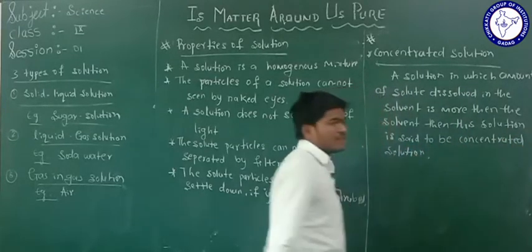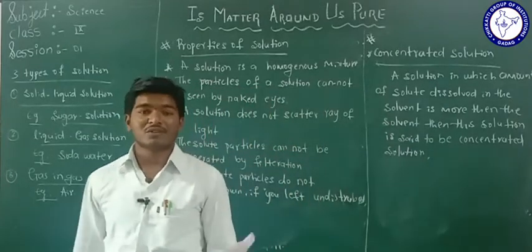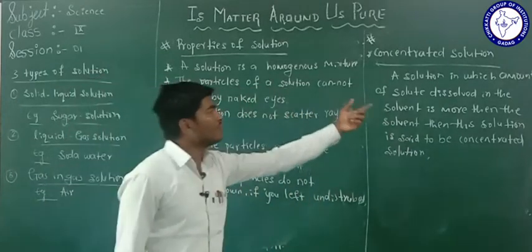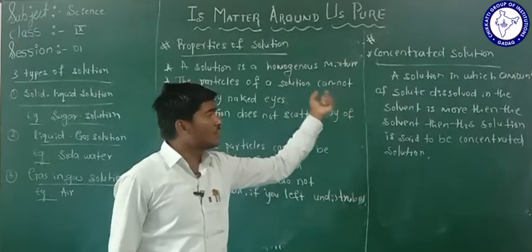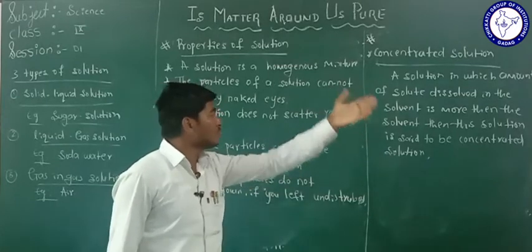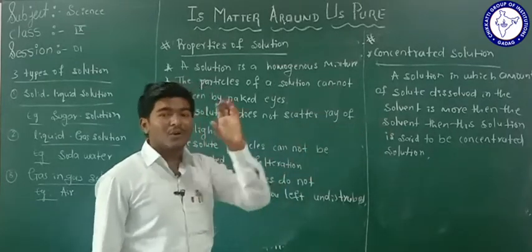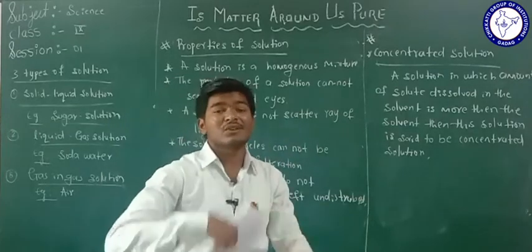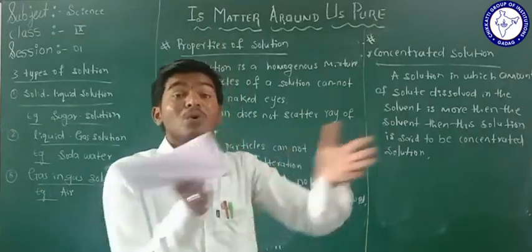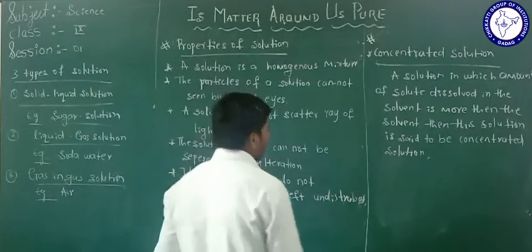So see here, what is a concentrated solution? A solution in which the amount of the solute dissolved in the solvent is more than the solvent. I am considering one example here.